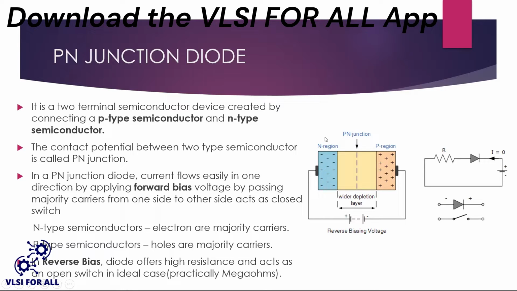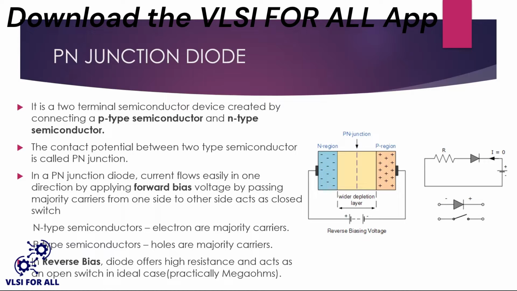Now, coming to the P-type semiconductor and the N-type semiconductor. The N-type semiconductor, as we know, is made by doping fifth group pentavalent impurity elements like phosphorus, arsenic.